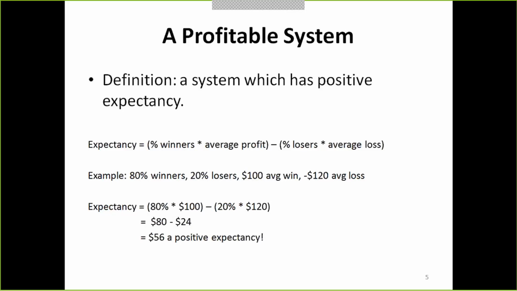That would be 80 minus 24, or $56, which is a positive expectancy. Another way to say that $56 would be the amount of your average trade considering all the winners and all the losers. So your average trade would be 56.